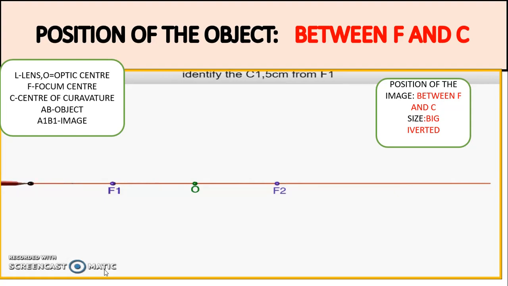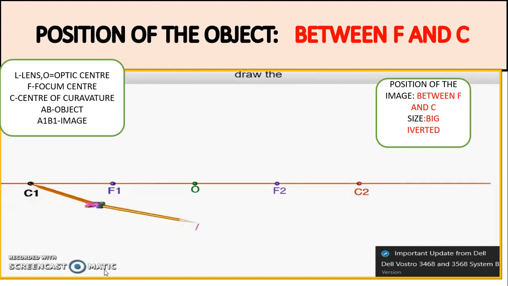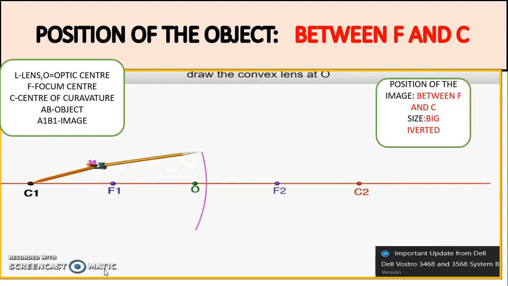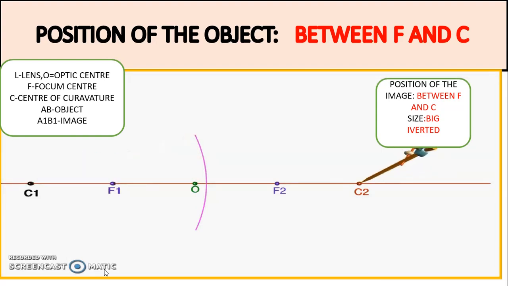From C, on both sides, C1 and C2, taking a compass, draw a small arc as shown, then you will get a clear convex lens. Because sometimes if you don't use the compass, you may draw it so bulgy or so narrow.